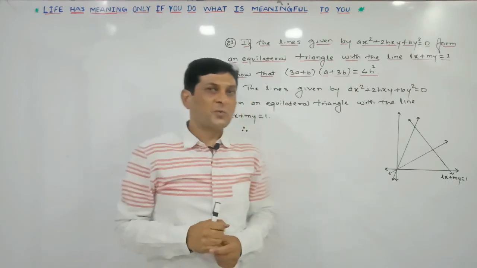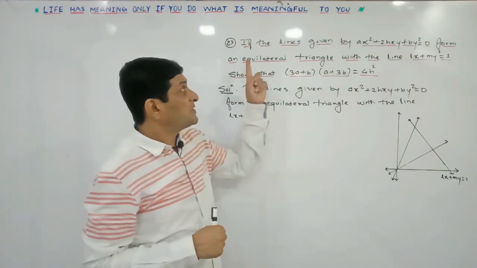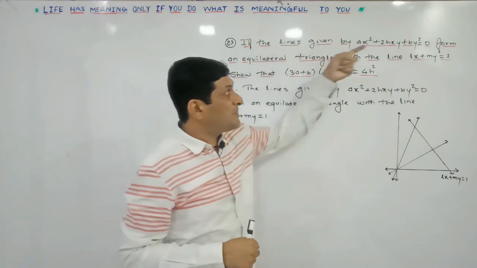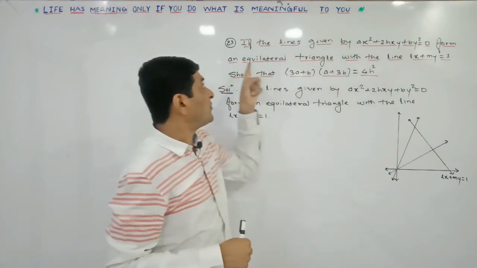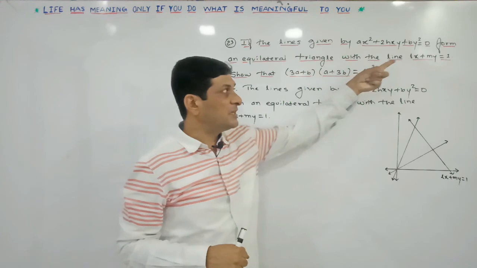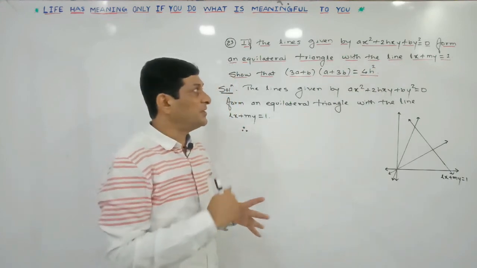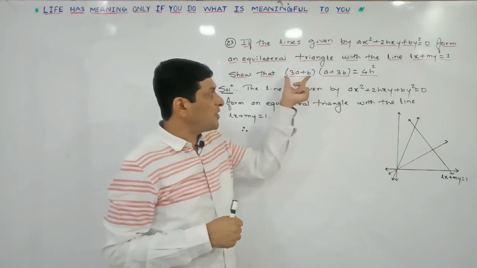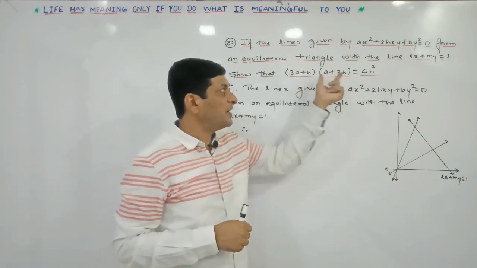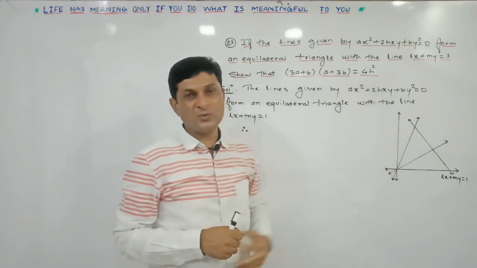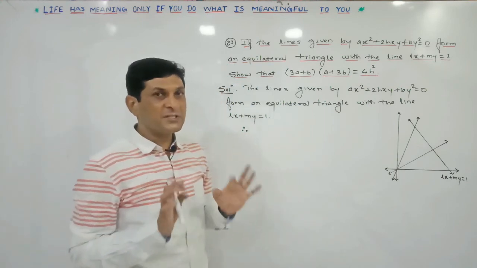Now see example number 23. What is the given condition? If the lines given by this homogeneous equation form an equilateral triangle with the line Lx plus My is equal to 1, using this condition we have to show that (3a plus b) into (a plus 3b) is equal to 4h square. So what is the given condition?